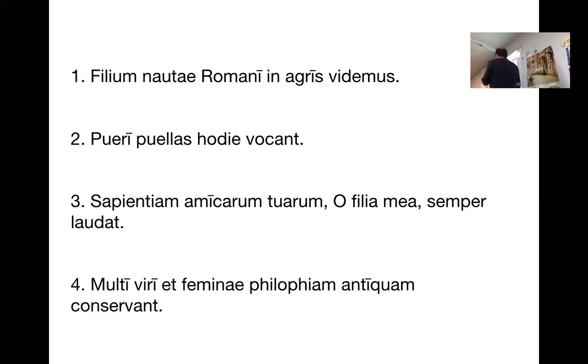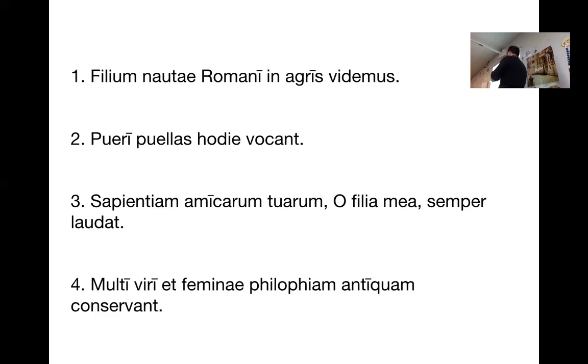And then what are nautae Romani doing? This is kind of confusing, so bear with me for nautae Romani. They're actually both the same case. It'd be very hard for you to know that, but technically nautae, even though it's in the first declension, is masculine. Because I guess ancient Romans thought that sailors and poets and farmers were men's jobs. So it's technically masculine.